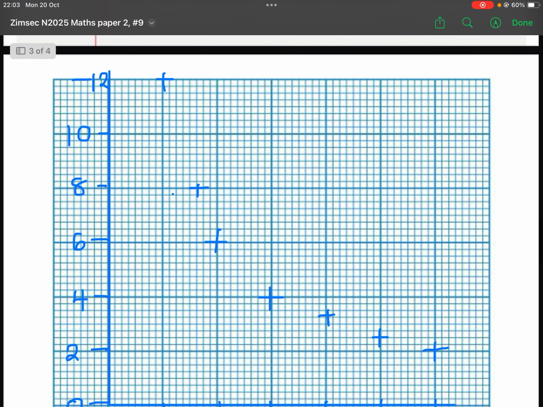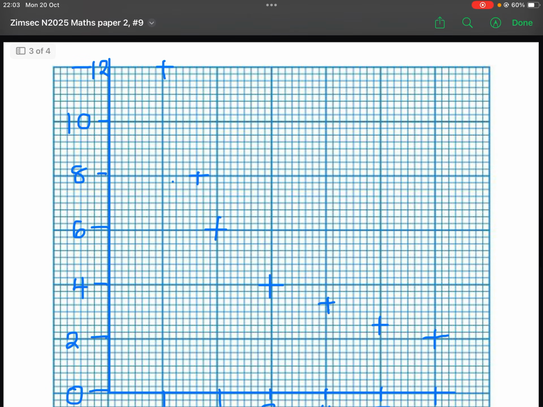And then after that, we need to join these coordinates to come up with our curve. Let me join. I'm going to join like this.